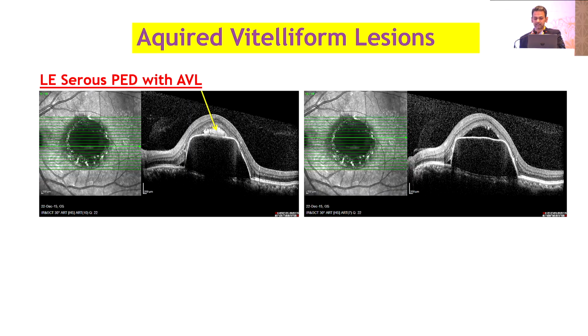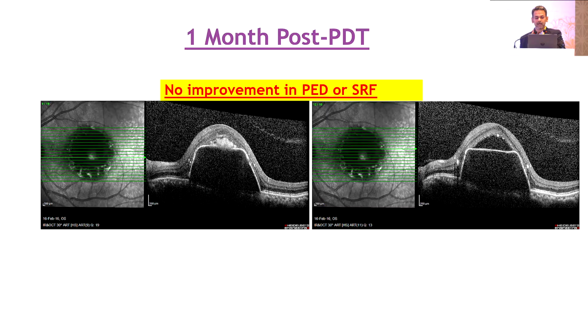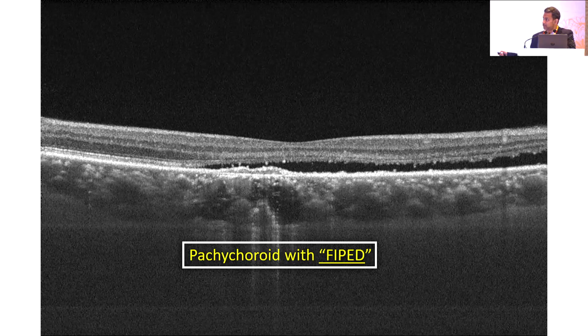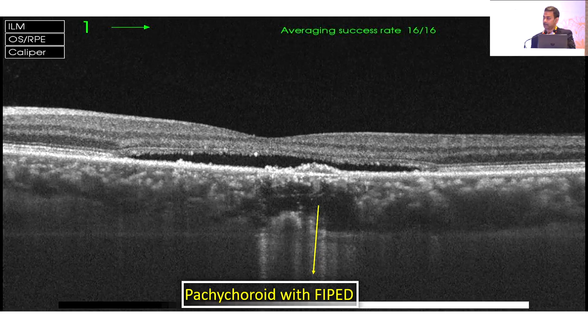That's a poor biomarker, and after treatment there is no response even after half-fluence PDT. So the next entity is pachyneovasculopathy. This is nothing but a type 1 neovascularization on FA and ICG overlying a pachychoroid, and you see the flat irregular PED. For example, this patient was referred as chronic CSR, with this flat irregular PED, and mostly it overlies a pachyvessel.